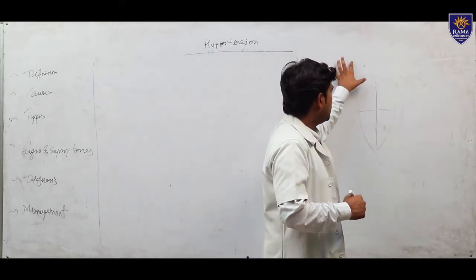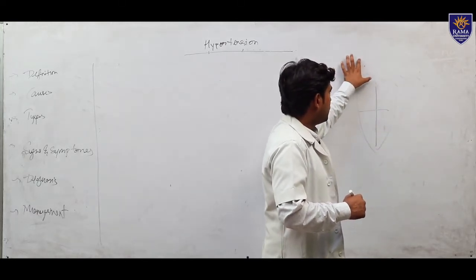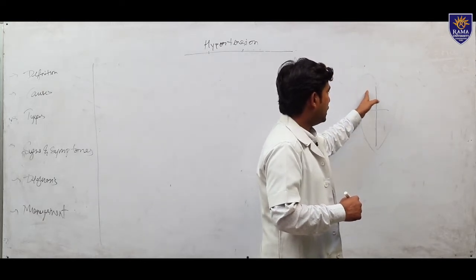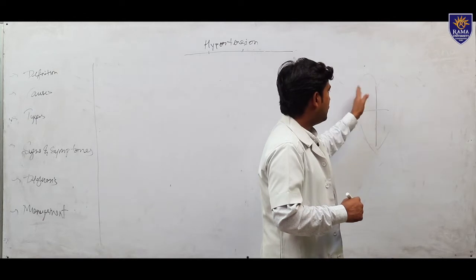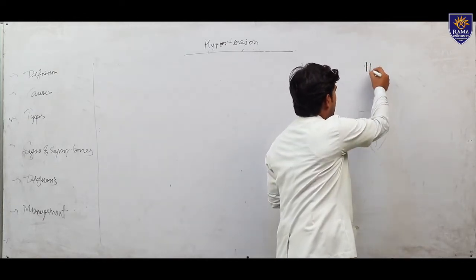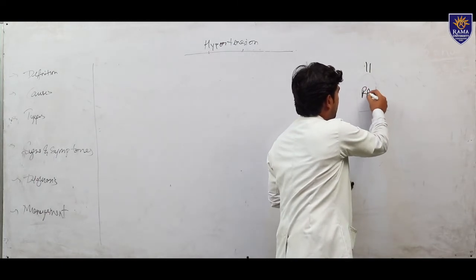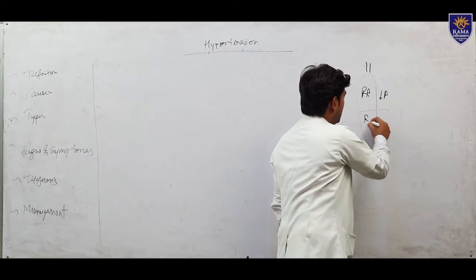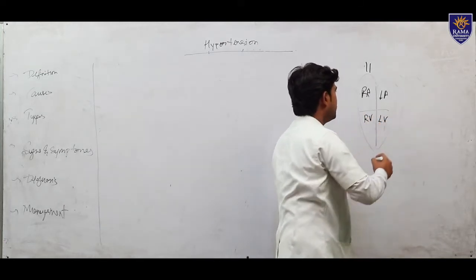From the whole body to the heart, the impure blood comes by the superior vena cava. This is the right atrium, this is the left atrium, this is the right ventricle and this is the left ventricle.